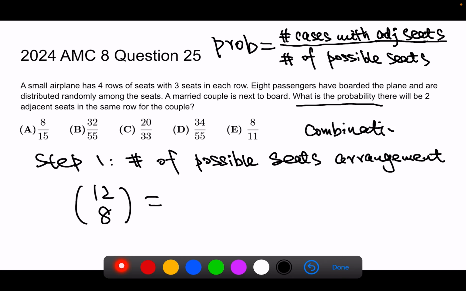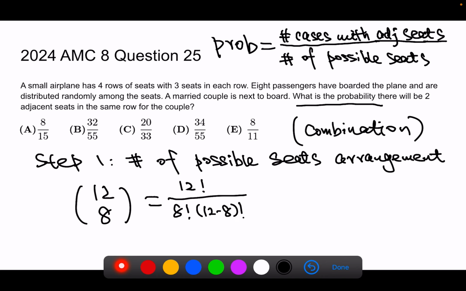A combination question is generally defined as, I have 12 things, you need to pick 8 of them with no restriction, randomly. How many ways can you take it? And the equation of this is 12 factorial divided by 8 factorial times (12 minus 8) factorial.